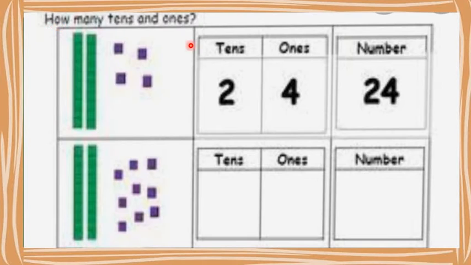How many tens and ones? Look, we have the first example, these are 2 tens and 4 ones. Then the number is 24. Then how many tens are there? 1 and 2. Means there are 2 tens and 1, 2, 3, 4, 5, 6, 7, 8 and 9 ones, and the number is 29.